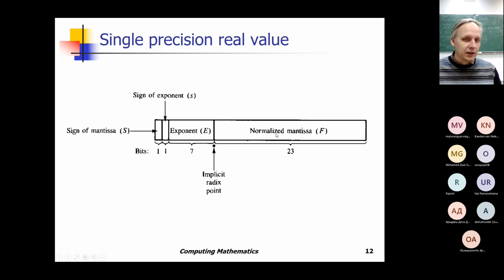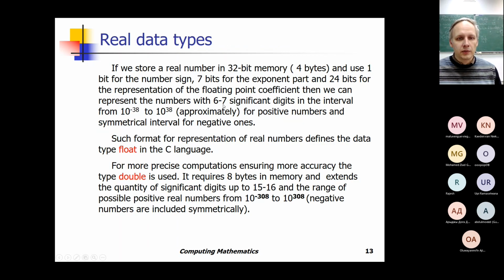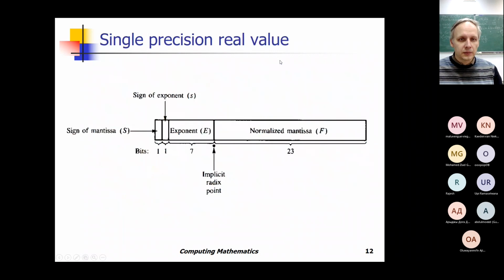These 23 bits, 23 binary digits, correspond to 7 decimal digits after the point. When we work with a single precision real value, the precision is not greater than 7 digits after decimal point.